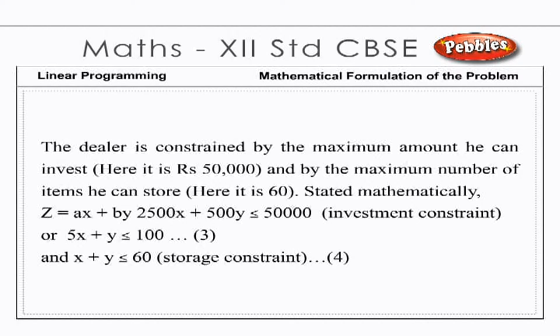Stated mathematically, 2500x plus 500y is less than or equal to 50,000. Investment constraint, or 5x plus y is less than or equal to 100. Equation 3. And x plus y is less than or equal to 60. Storage constraint.